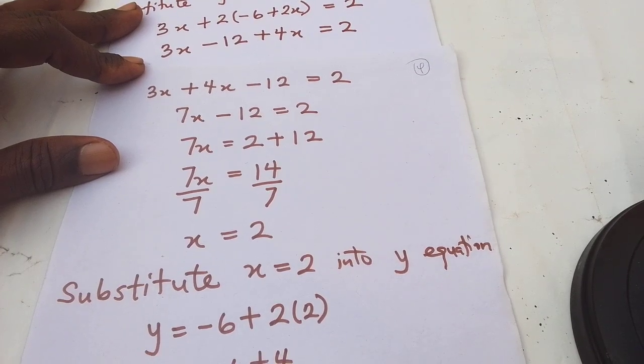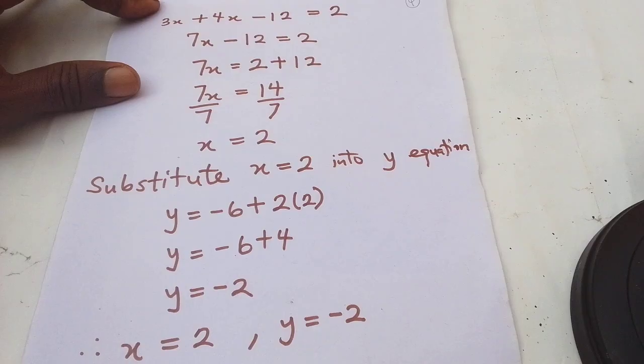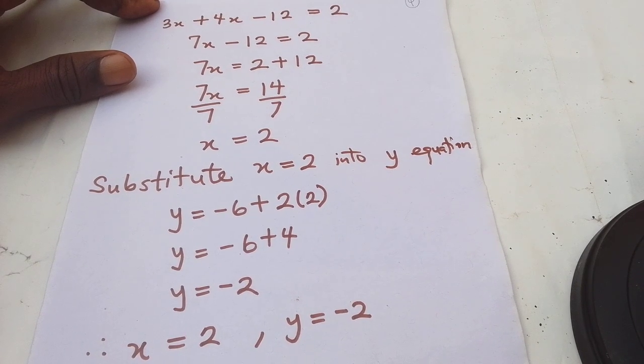So y is equal to minus 6 plus 2 times 2 is 4. Minus 6 plus 4 will give us minus 2. So therefore, the value of x is 2 and the value of y is minus 2.